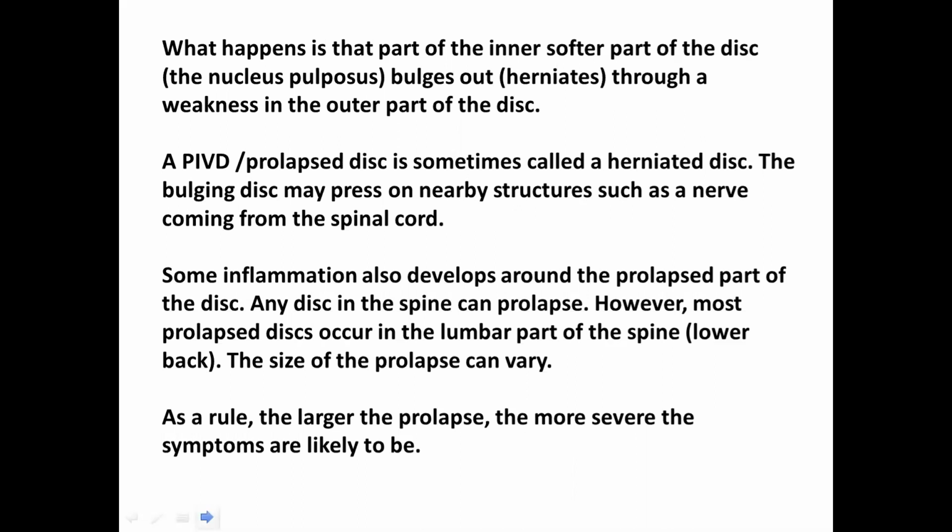The bulging disc may press on nearby structures such as nerves coming from the spinal cord. As I told you, it is compressing the nerves nearby the spine, which are connected with the spinal cord, and that is the reason that the patient complains more of pain.